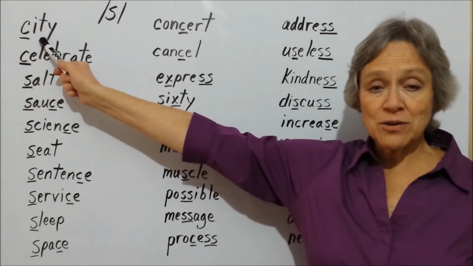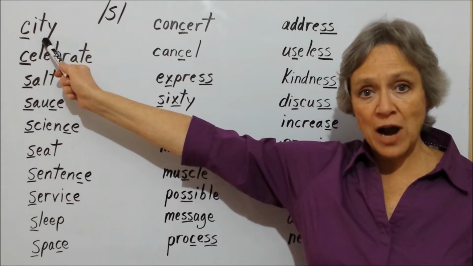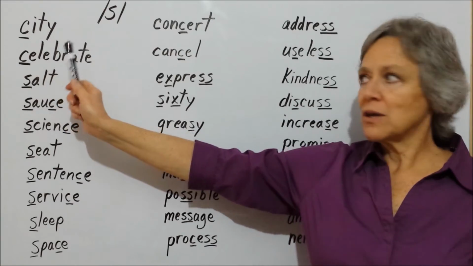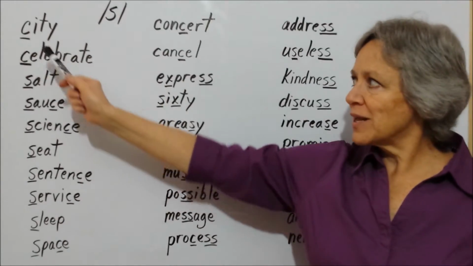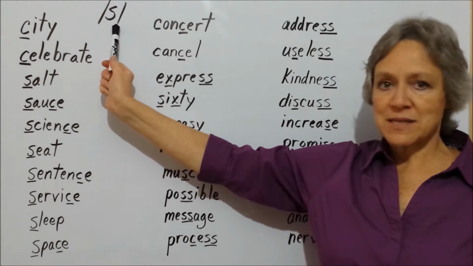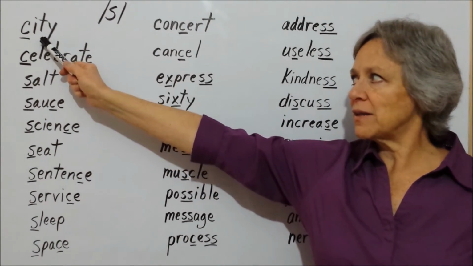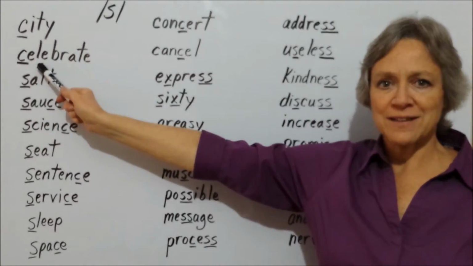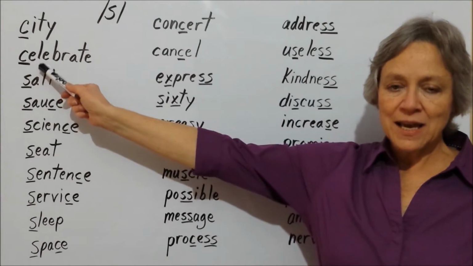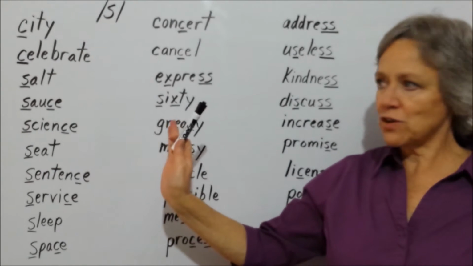Notice that in this word, the letter C is followed by the letter I, and here the letter C is followed by the letter E. We learned in the previous video that the letter C does make the S sound when followed by the letter I or the letter E. We can also see the letters CE in many other words that I have here on the board.